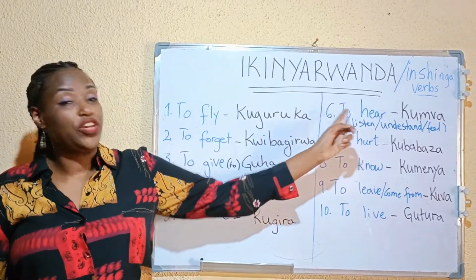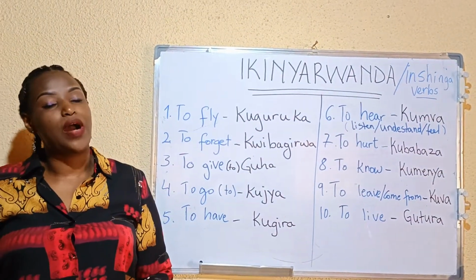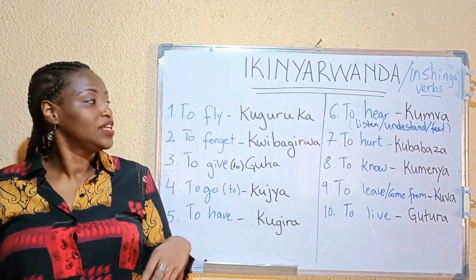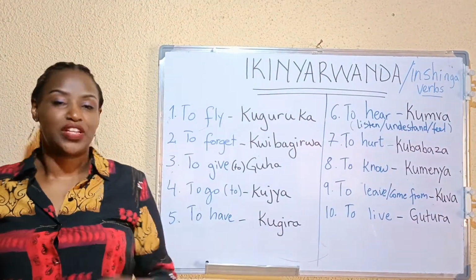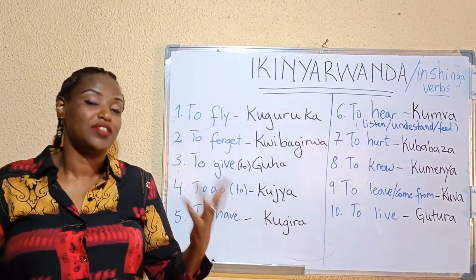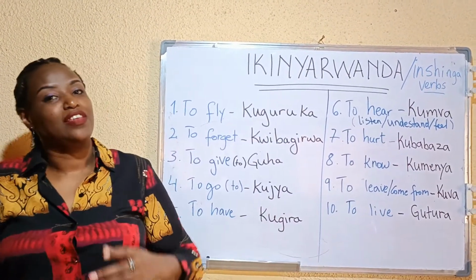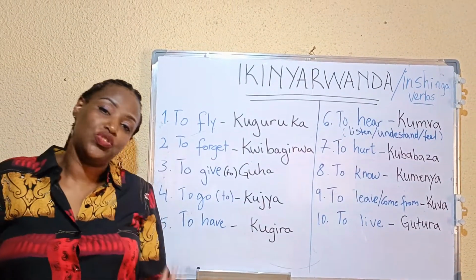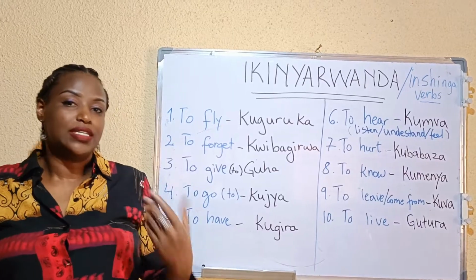Number 6, to hear, kumva. It also means to listen, to understand, to feel. So imagine you have 4 verbs in English, and the list can even be bigger, and it's only one verb in Kinyarwanda, because this verb is very important. We also use it for talking about senses.